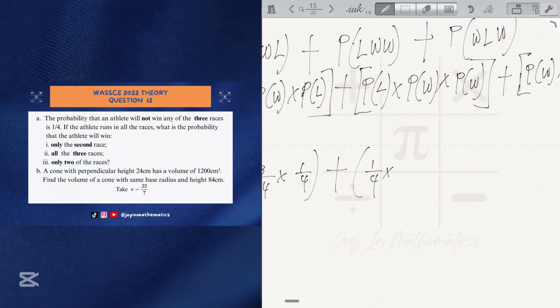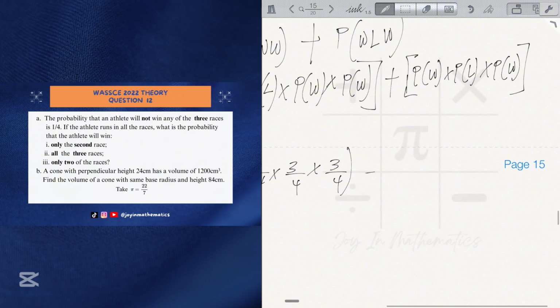Probability of winning, 3/4. Probability of winning, 3/4. Plus probability of winning, 3/4. Probability of losing, 1/4. Probability of winning is 3/4.